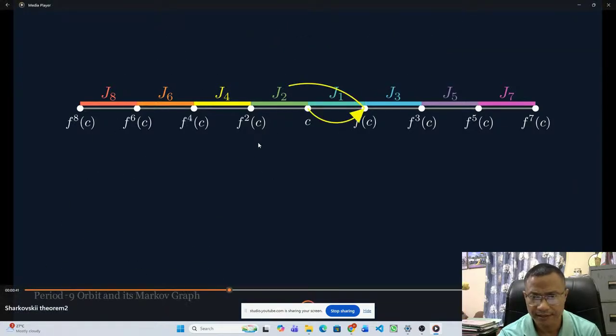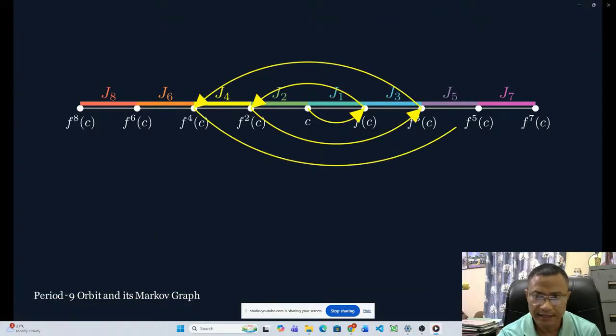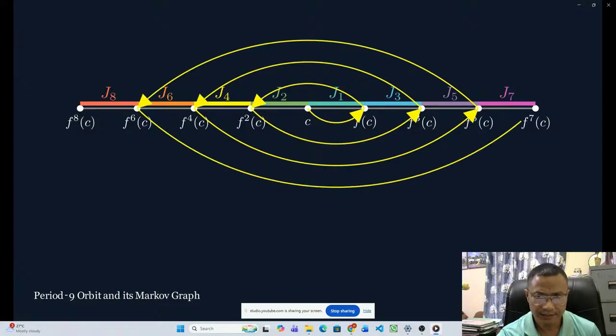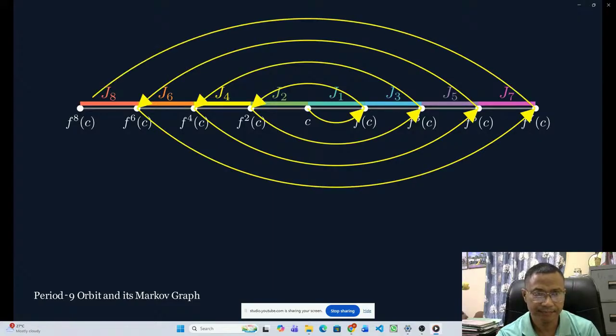So c goes to f(c), then f(c) goes to f²(c), f²(c) goes to f³(c), then f⁴(c), then f⁵(c), then f⁶(c). If the orbit has this pattern, then there is no periodic point of period 7, no 5, no 3. All other periodic points are there.